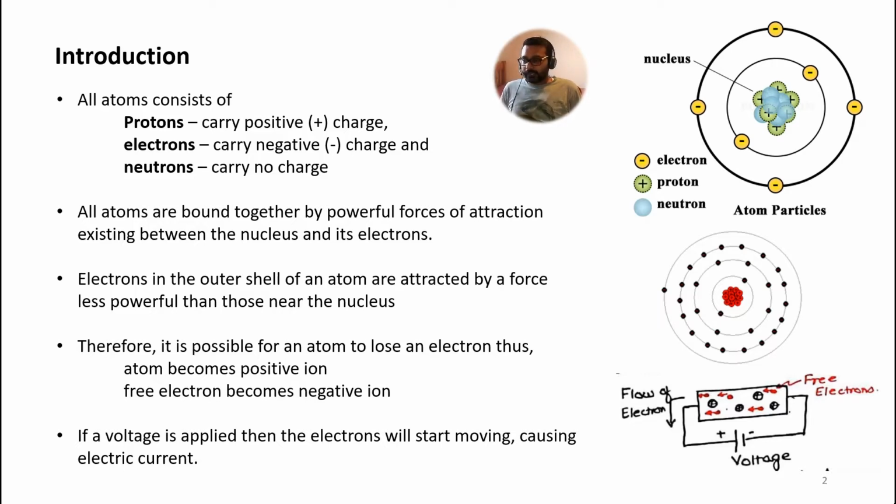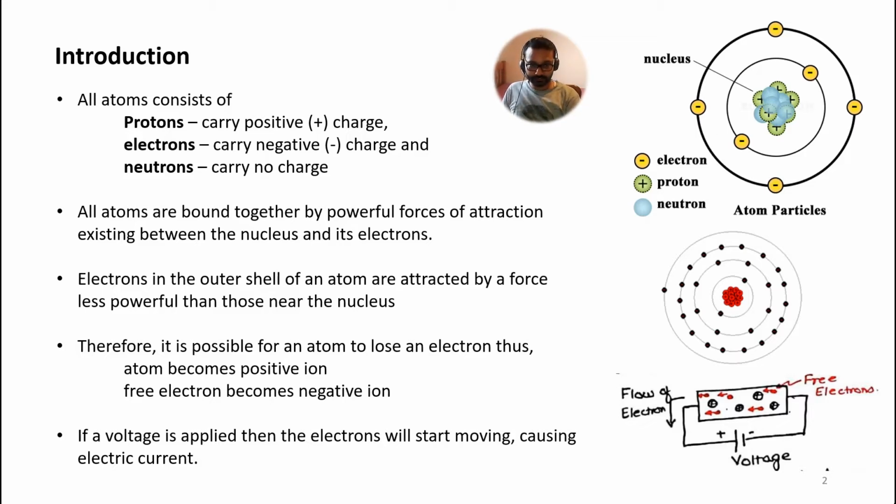Now, as we all know, everything around us is made out of atoms, right? So an atom consists of a nucleus in the center, and you have electrons revolving around it in different orbits, or we call them shells, right?